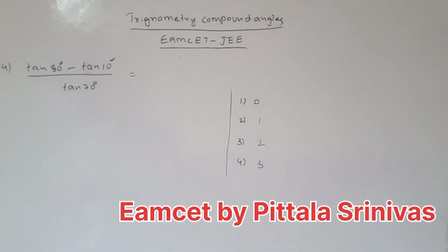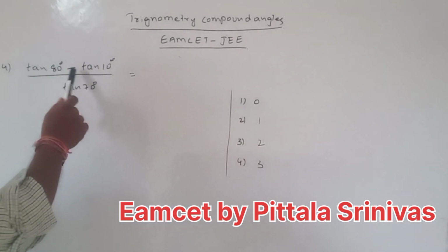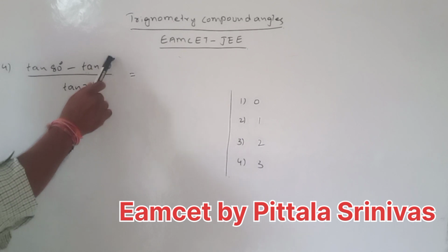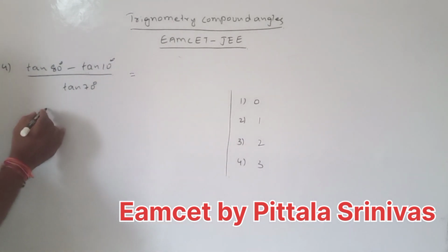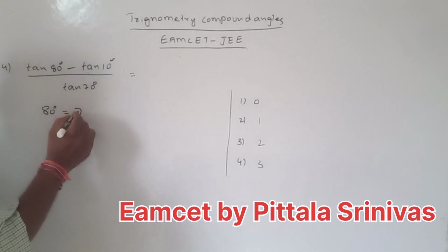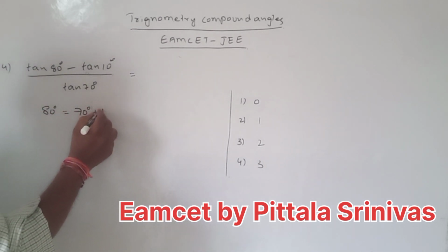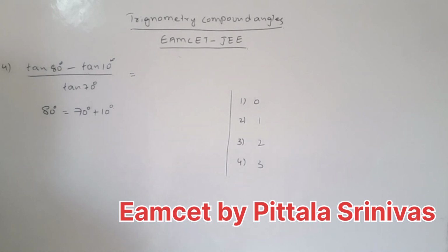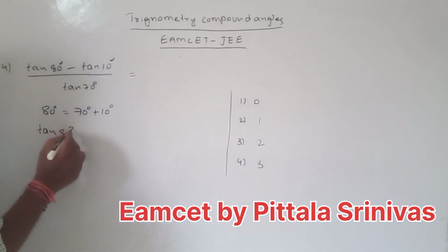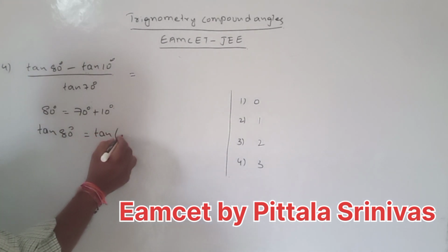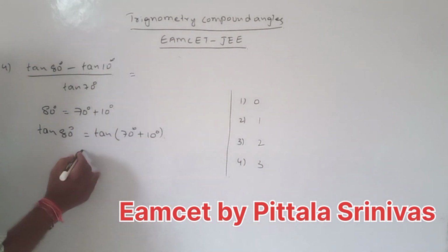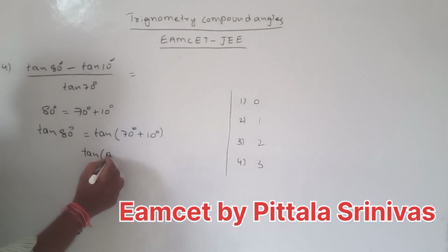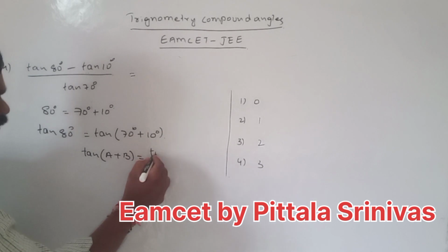So we have the problem: tan 80 degrees minus tan 10 degrees by tan 70 degrees. So 80 degrees can be written as 70 degrees plus 10 degrees. Okay, all of you. So what can we write? Tan 80 degrees is equal to tan of 70 degrees plus 10 degrees. This is in the form of tan of A plus B, which is equal to what?